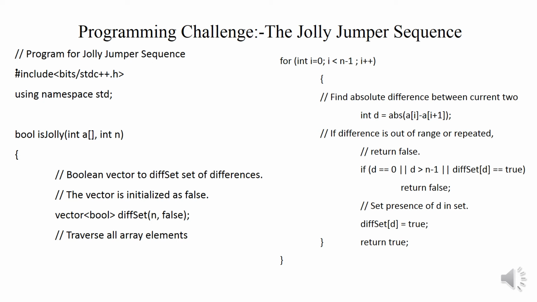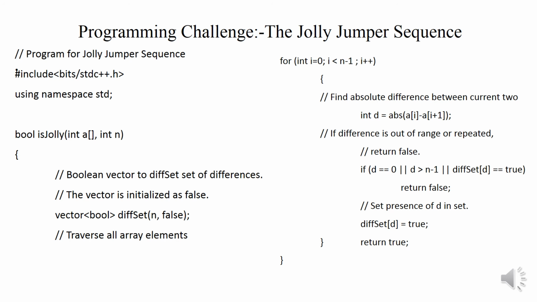So vector in brackets bool, that is the type of the variable. The name of the variable is difference or diffset. We pass the number of elements, and first of all that diffset is false. That's it.